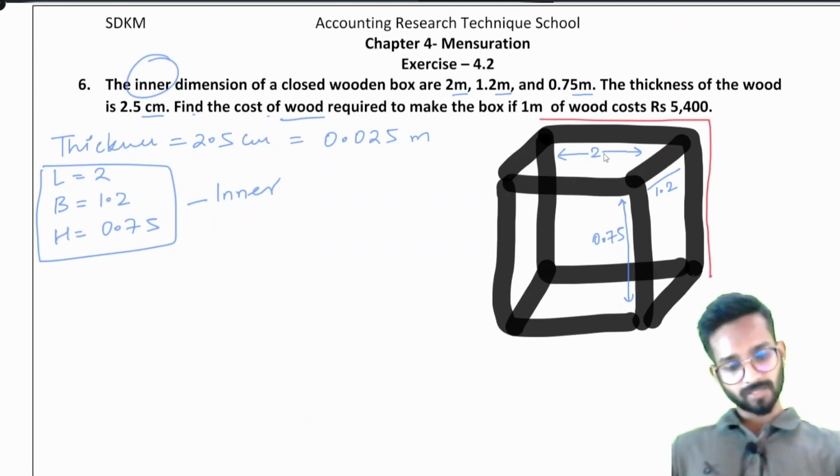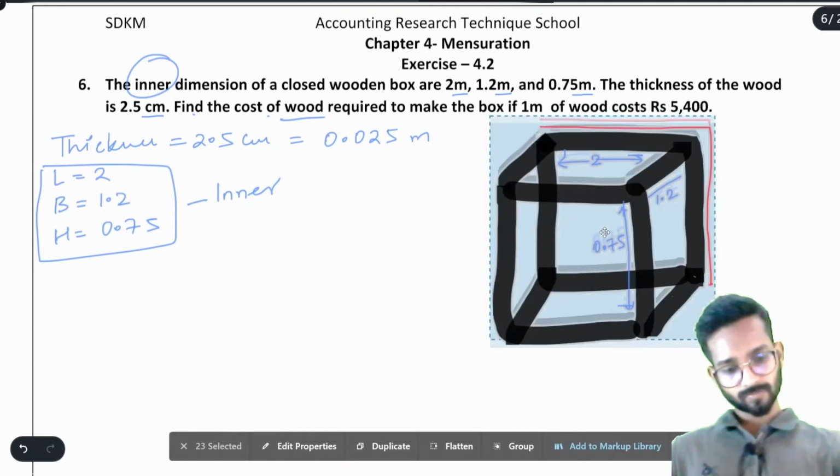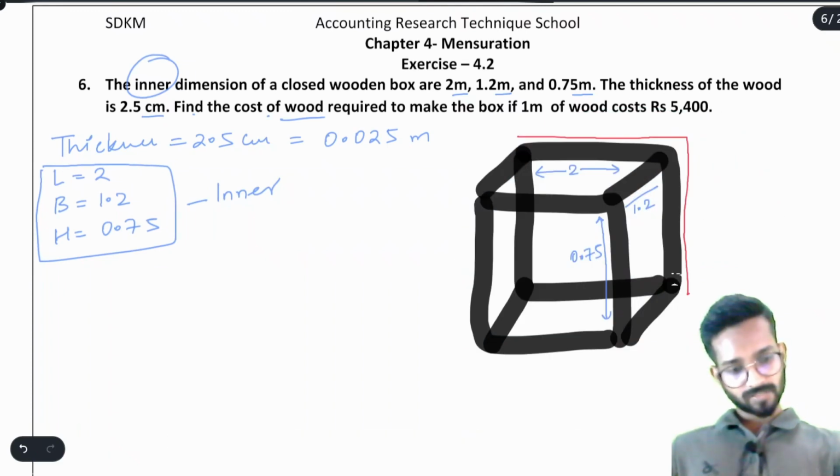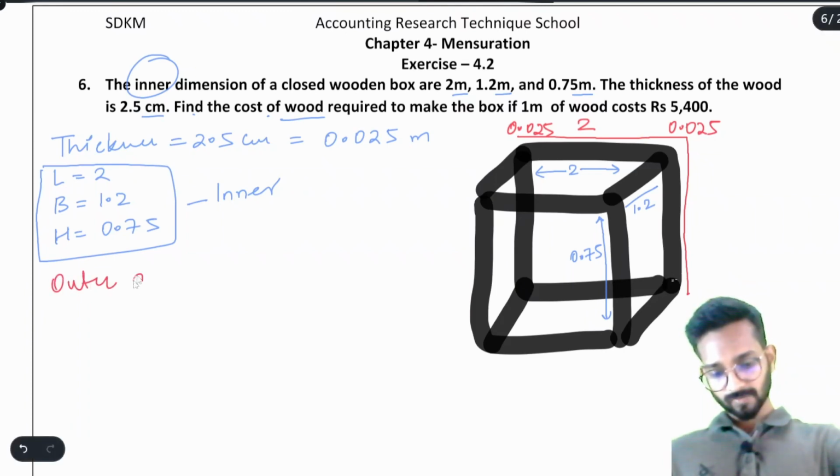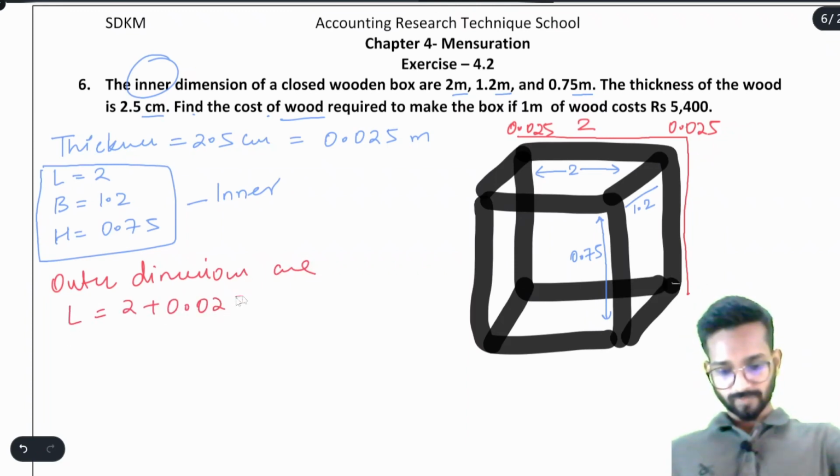How? See, this is 2. If this is 2, then the outer will be 2 plus 0.025 extra this side and 0.025 extra this side. Understood? So the outer dimensions: length is 2 plus 0.025 plus 0.025, that is 2.05.